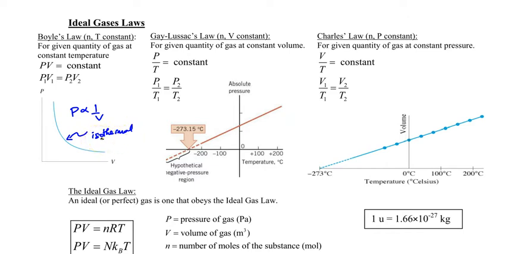In Gay-Lussac's law, the volume is constant, and so we see that the ratio of the pressure to the temperature is constant, or you could say that the pressure is directly proportional to the temperature in Kelvin. And lastly, we have Charles' law. That's where you keep the pressure constant, and we look at how the volume varies with temperature. The ratio of the volume to the temperature is held constant, so the volume is directly proportional to the temperature.